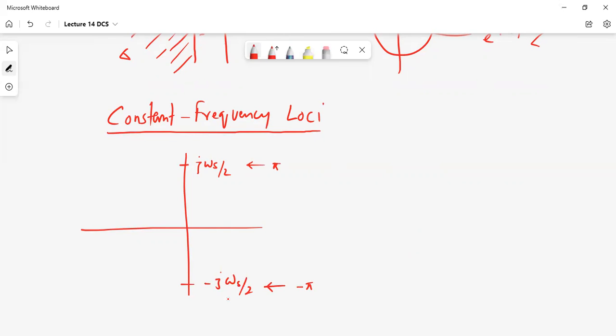So any horizontal line, say this one, is related to your j omega 1, and any line closer to that one as well, j omega 2. How can we represent that in the z plane?